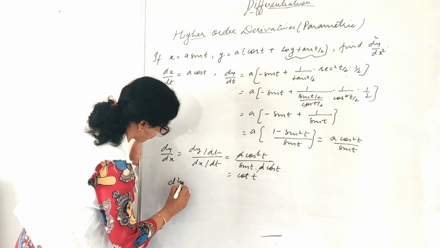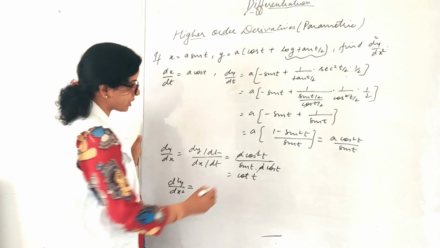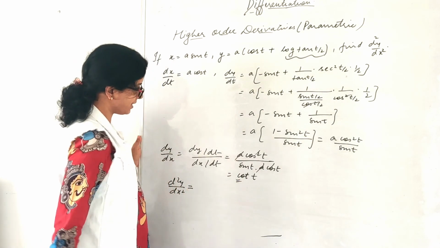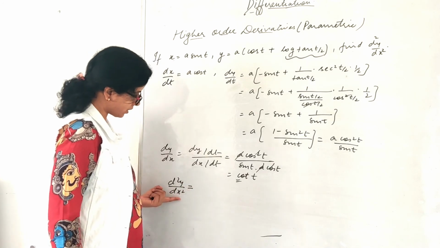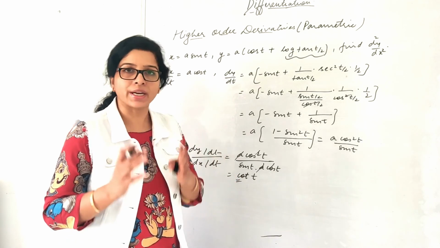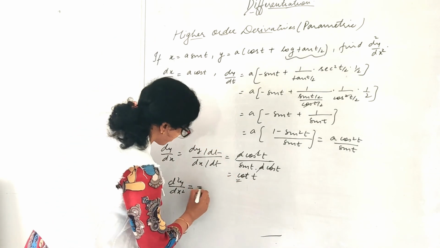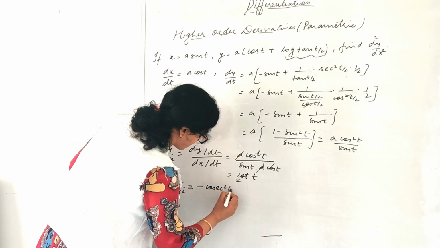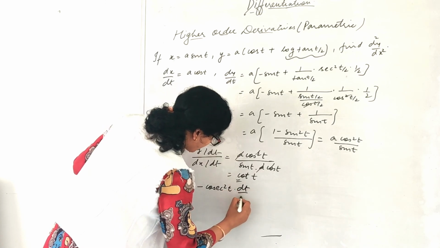Now d2y by dx2 is nothing but the differential of this. Along with it, since I am differentiating with respect to x and my function is in t, dt by dx will come. So minus cosec square t into dt by dx.